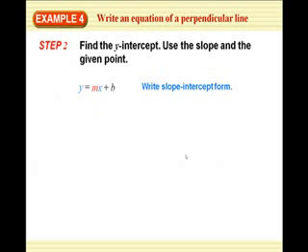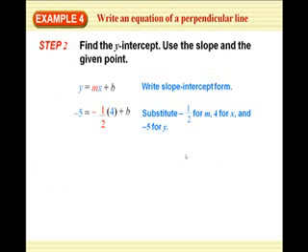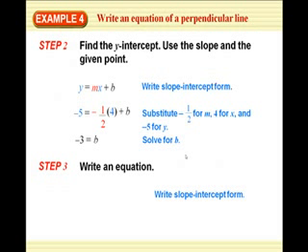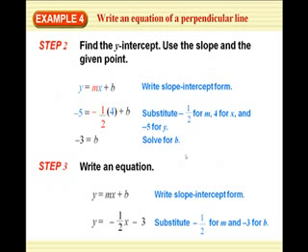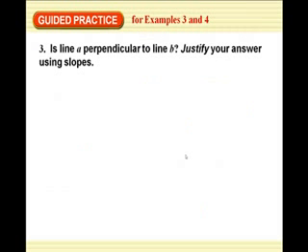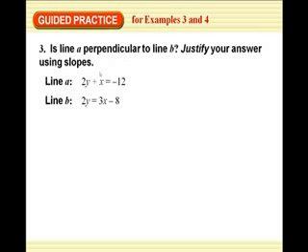We're going through all the work that we went through, exactly the same thing, and then wrote the equation. Is line A perpendicular to line B? Justify using slopes. Okay, I don't know the slope of either of them to start with because they're not in the right form.